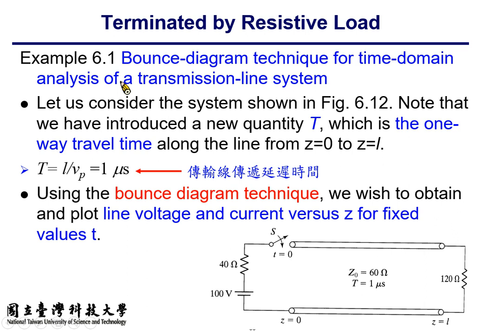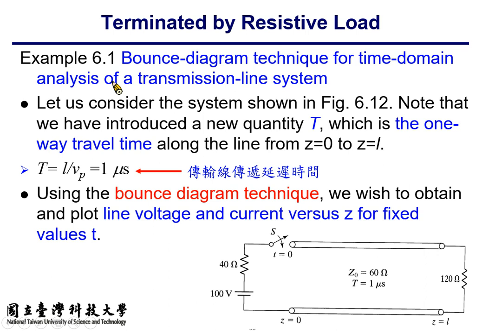Okay. So let's look at example 6.1, which will teach you how to utilize the so-called bouncing diagram technique for time domain analysis of a transmission line. This example is worth 30 points in your second midterm. Every year you will have a problem like this, so be sure to check out the sample question.